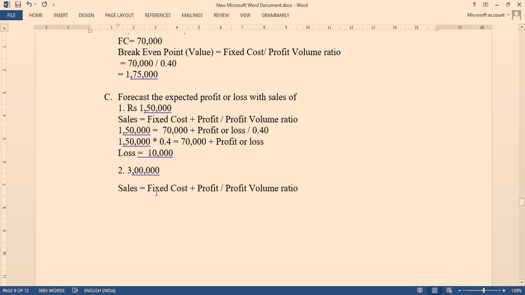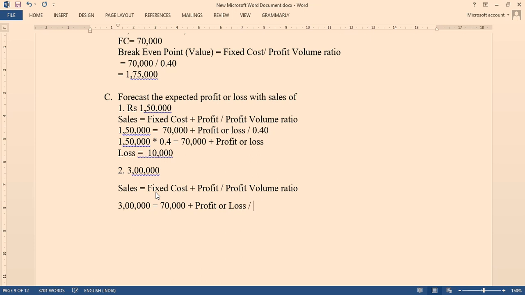If we increase the sales to 3 lakh, it equals the fixed cost we got, the same 70,000, plus profit or loss, which we don't know.